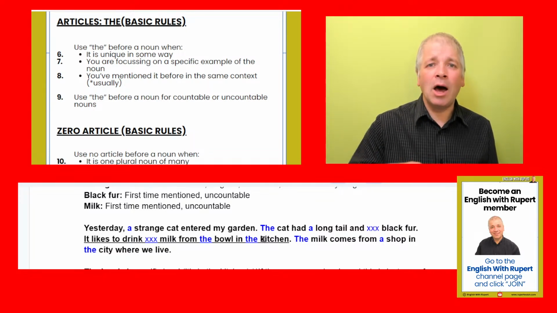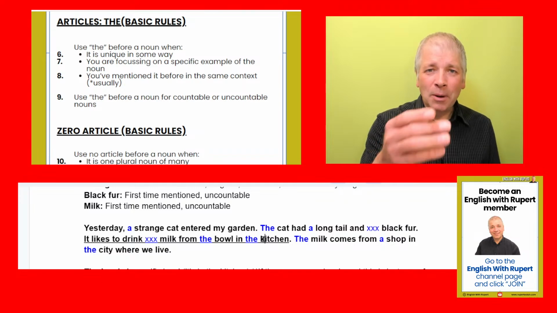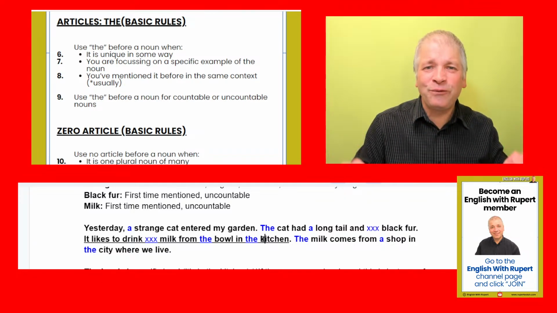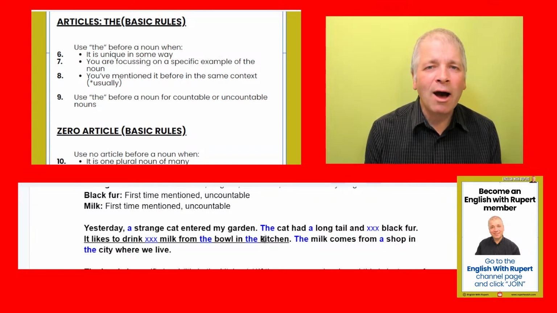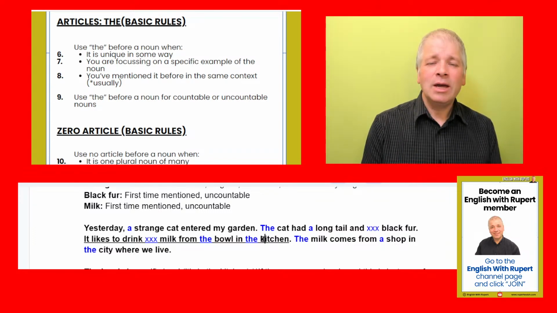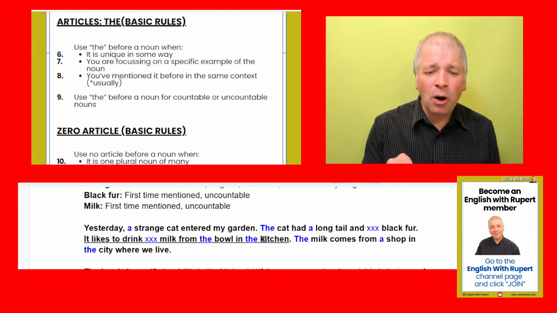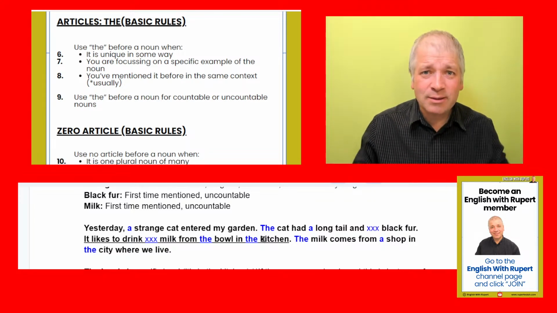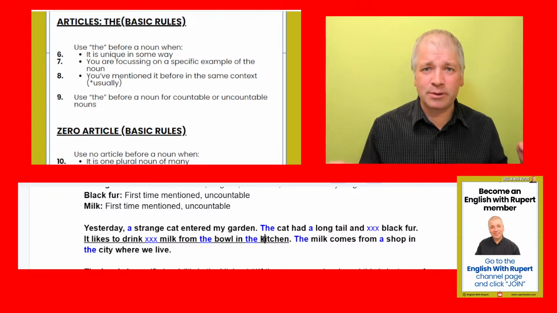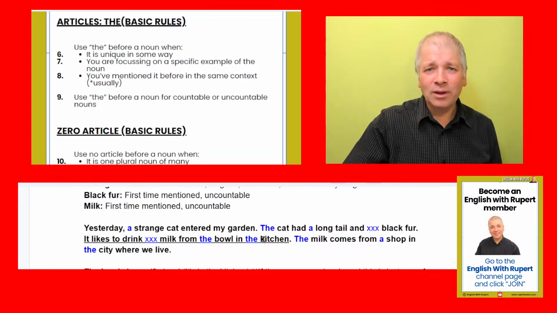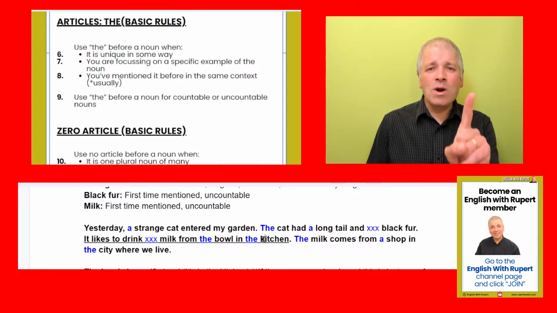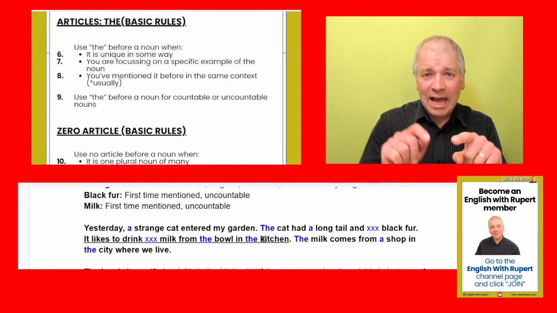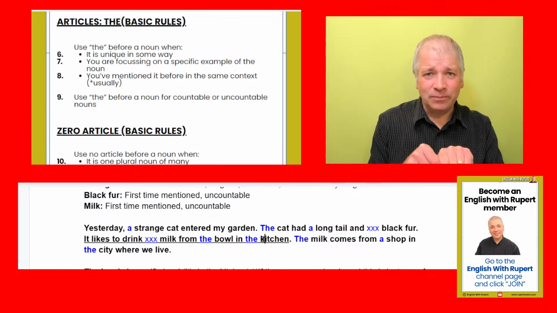I'm talking about a bowl, but this bowl is in a specific area. I have defined the area where I find the bowl. It's not just any bowl, it's the bowl in the kitchen. So imagine a kitchen in your house, and imagine a bowl is on the floor in the kitchen. That's where the cat drinks milk from. And there's only one in the area that I've defined.